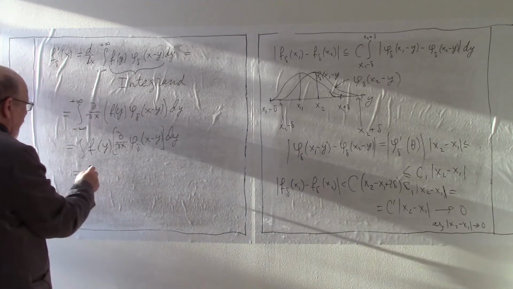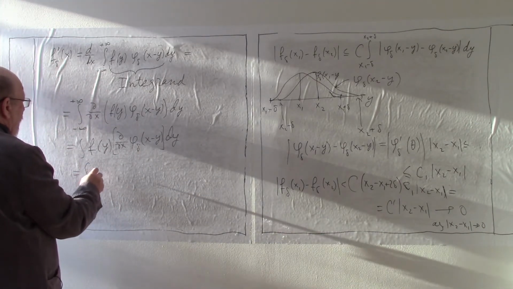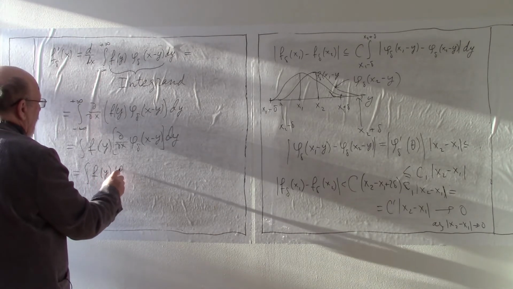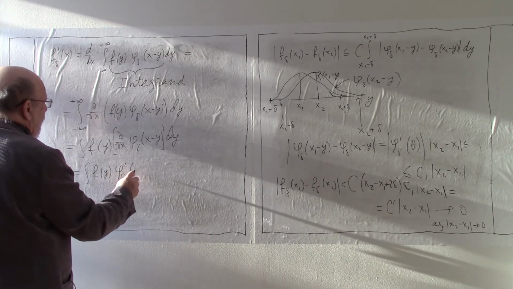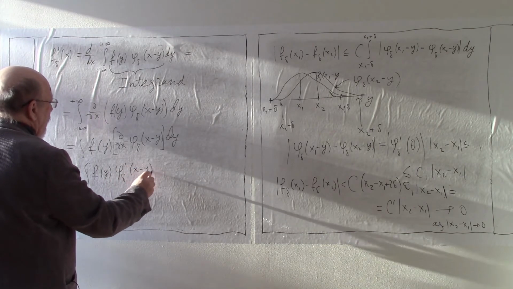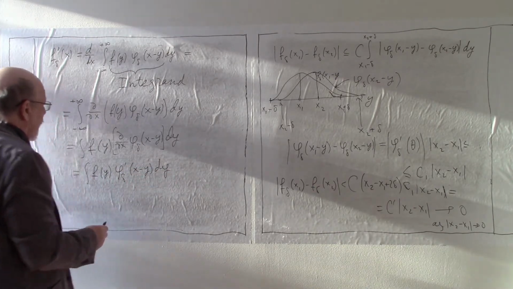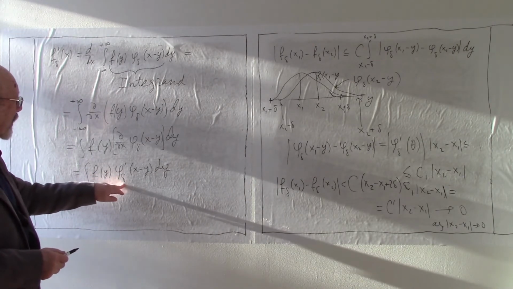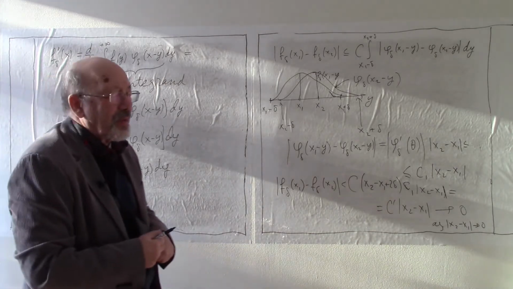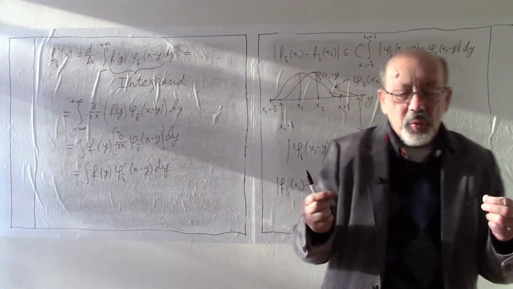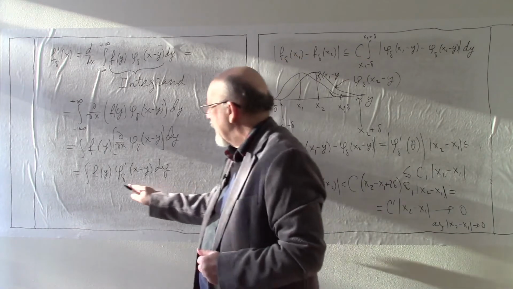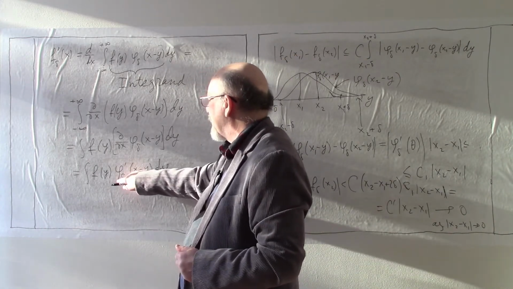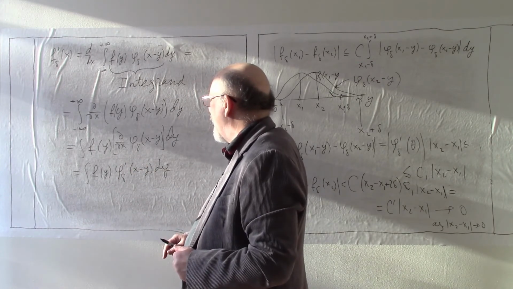So I write it as the integral of f of y phi delta prime of x minus y dy. Now, this function phi delta prime is also a smooth function which is zero outside some finite interval.